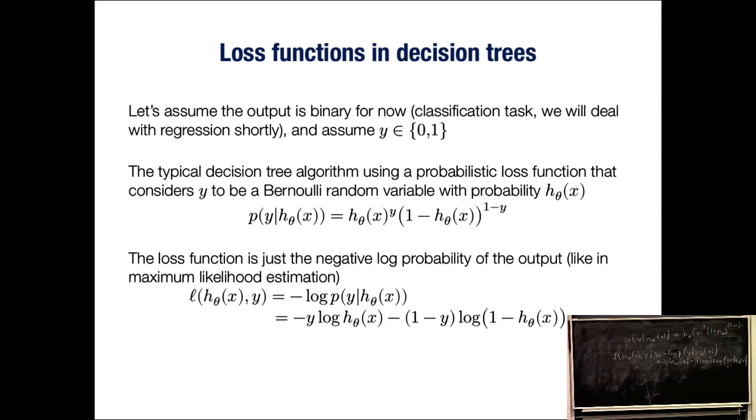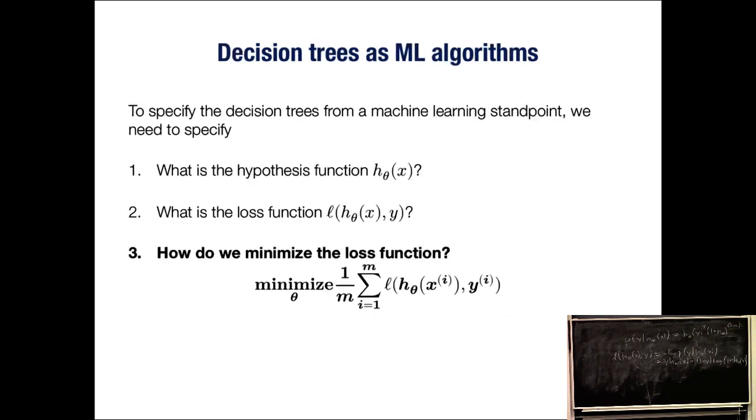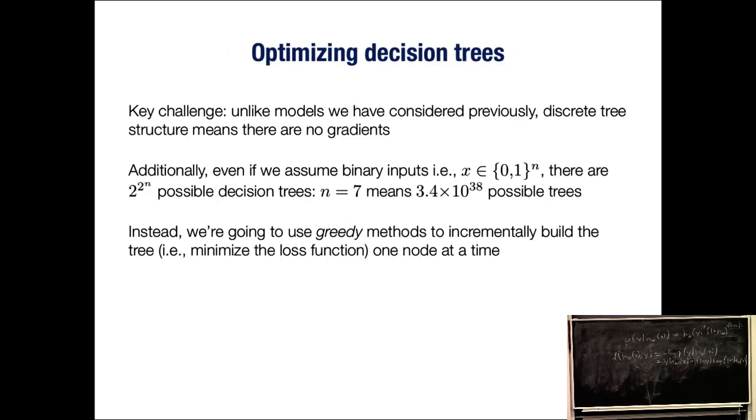So now, the key question, of course, is how do we minimize this loss function over our parameters, in other words, over the space of all possible decision trees. And now we hit a little bit of a snag, because unlike our linear models before, or even unlike more complex models we'll talk about like neural networks, we can't take gradients with respect to our parameters theta.